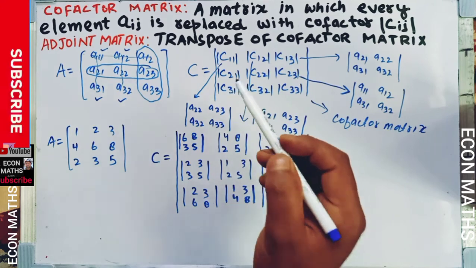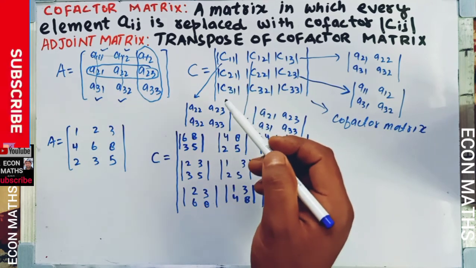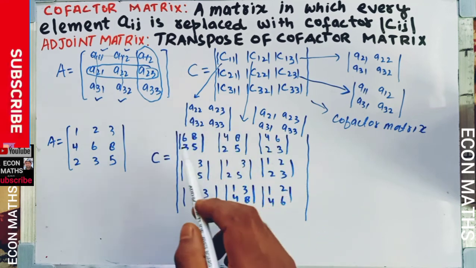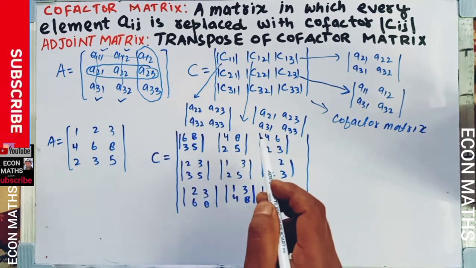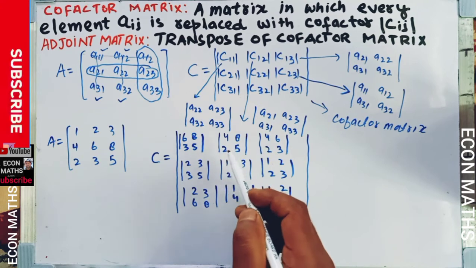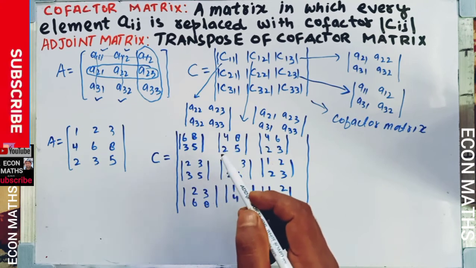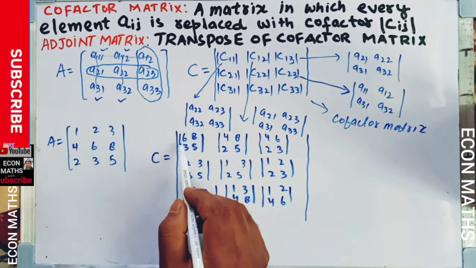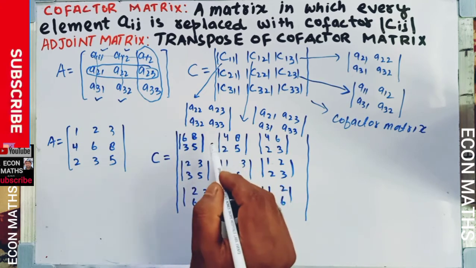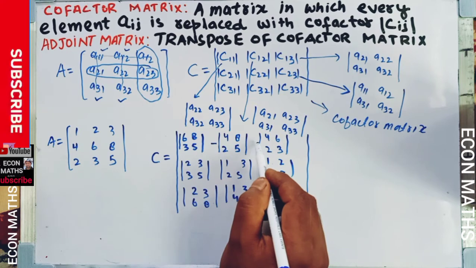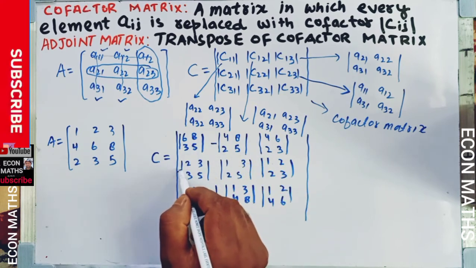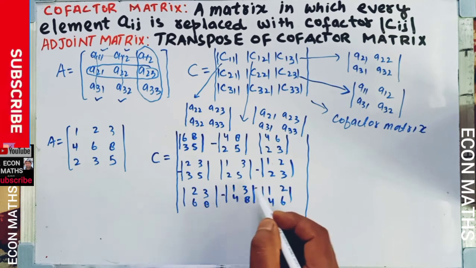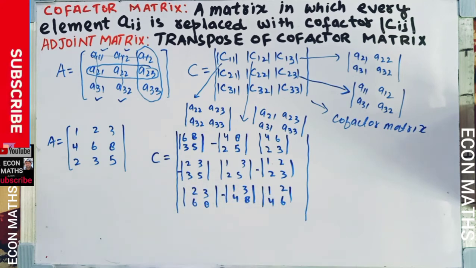One thing is to be remembered here: we have to change the signs alternately, because according to the law of cofactors, this first element will be positive and second will be negative. This will be positive, third will be negative, this is positive, this is negative, this is positive, this is negative, and this is positive. Why?